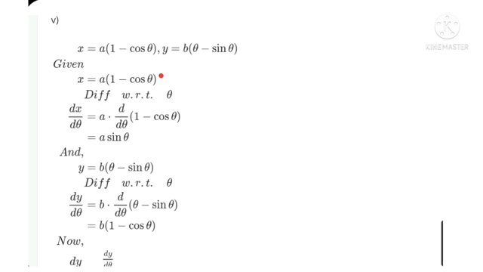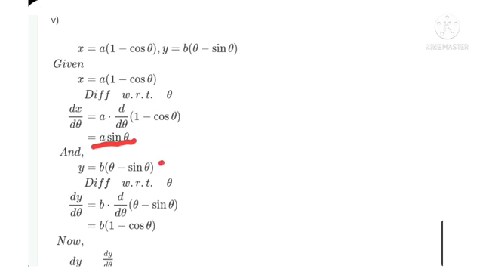Differentiate with respect to theta, we get dx by d theta is equal to a, constant term as it is, into derivative of 1 minus cos theta. A as it is, derivative of 1 is 0 and derivative of cos theta is minus sin theta. That is we get minus minus plus. So you get dx by d theta is equal to a sin theta.